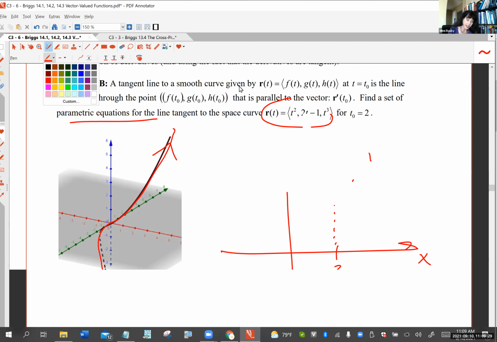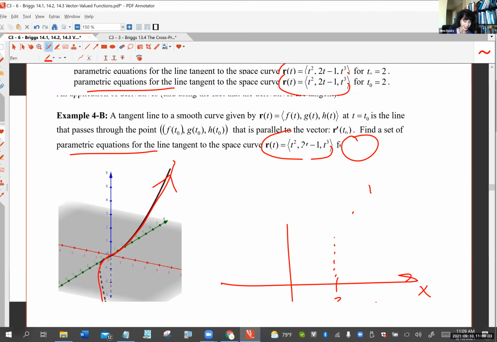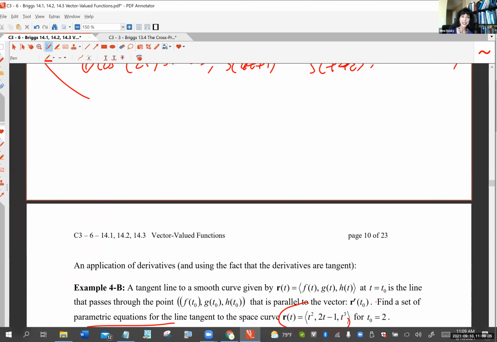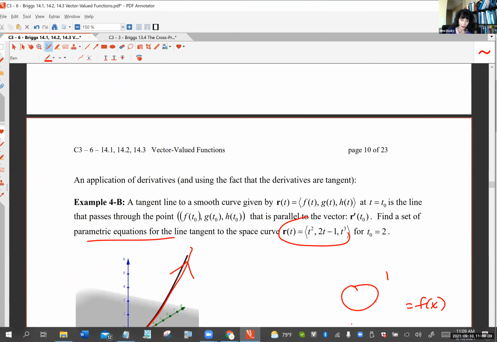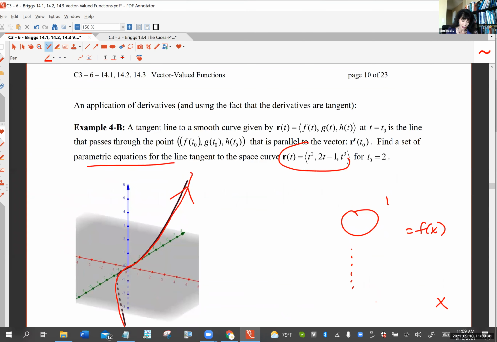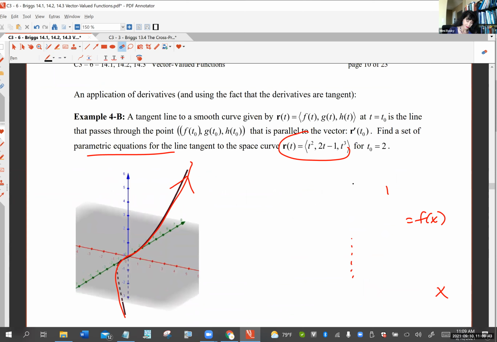So when t equals 2 is what they're saying. Sorry, when I use my erase tool, Microsoft Surface likes to just erase everything. Okay, so when you plug t equals 2 into your r of t, you will get a point on the curve.